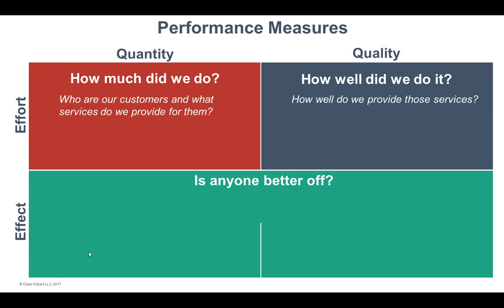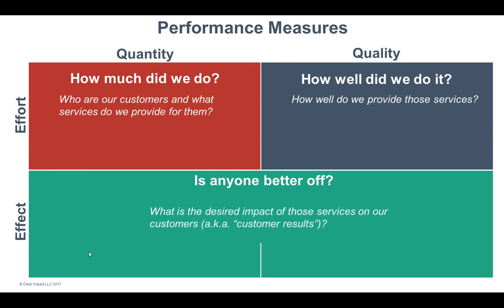For example, we're answering how well do we provide those services. And then is anyone better off type questions are the most important. These speak to the effects of efforts. Really, we're asking what is the desired impact of those services on our customers, the customer results. And note that these are customer results as opposed to population results.